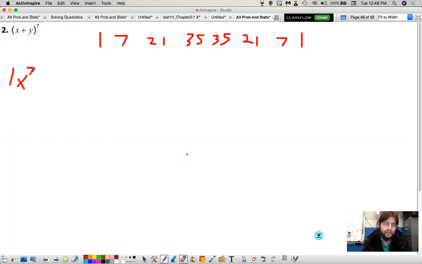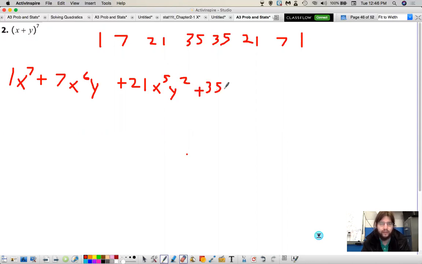1x to the 7th plus 7, reduce x by 1, increase y by 1, plus 21, reduce x by 1, increase y by 1, 6 plus 1 is 7, 5 plus 2 is 7, so far so good. I'm going to definitely have to use 2 lines here. Just keep going.